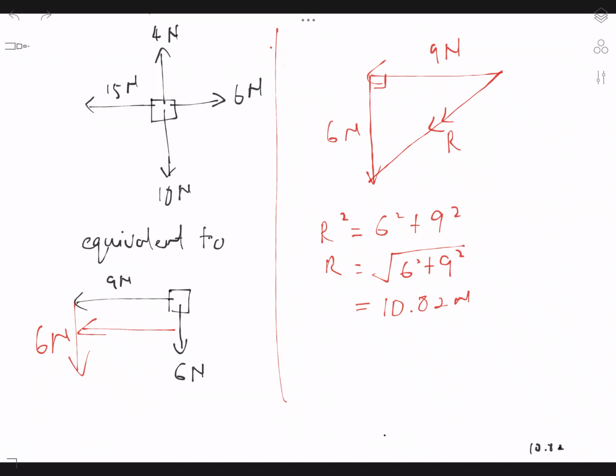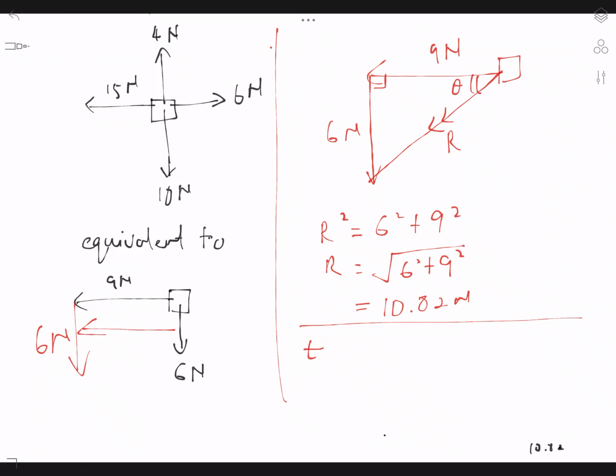Okay. Now what about the angle? The angle of resultant force. Since the object is here, you need to measure the angle. You need to calculate the angle there. So this is theta. Before that, let's write the complete equation.